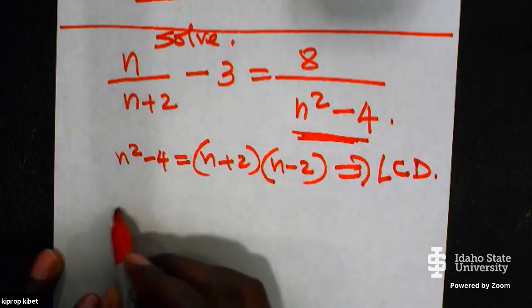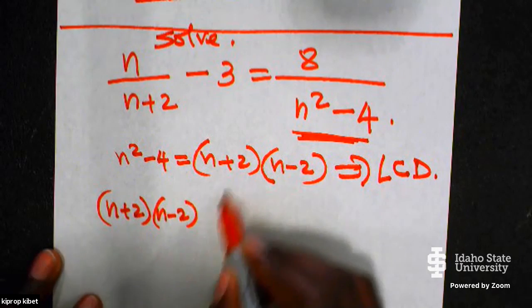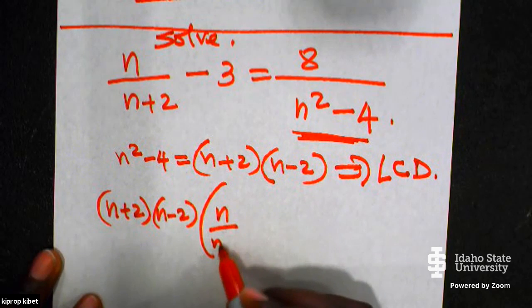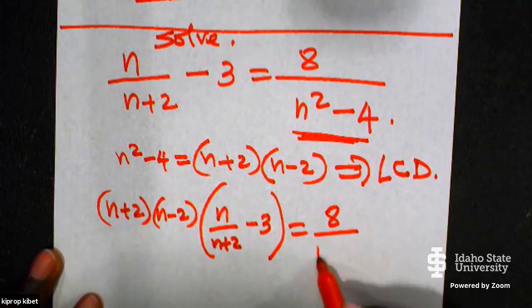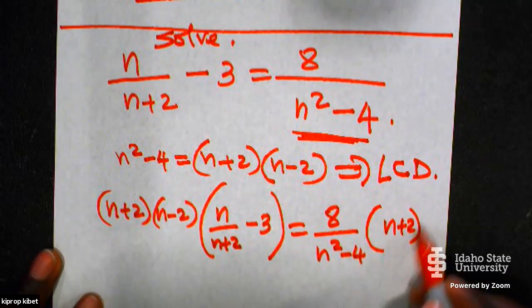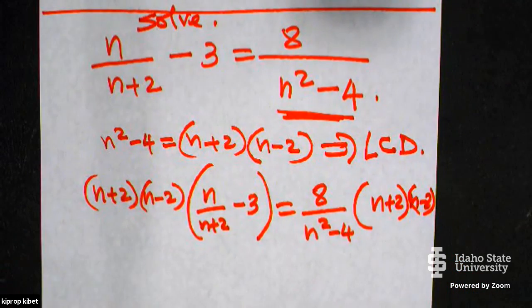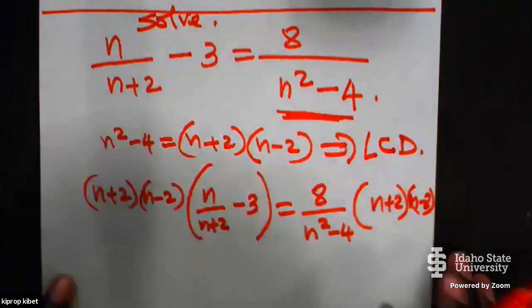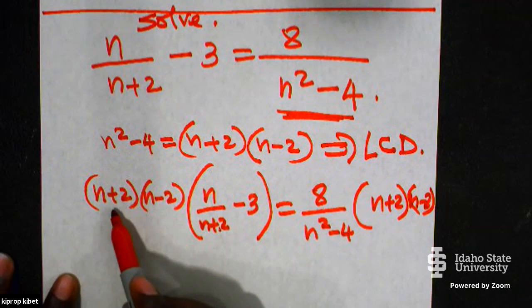So we now come here, n plus 2, n minus 2 times n all over n plus 2 minus 3 equals to 8 all over n squared minus 4, which is n plus 2, n minus 2. Okay. Now we open the brackets there. So when you multiply this and this, what will cancel? n plus 2, right?